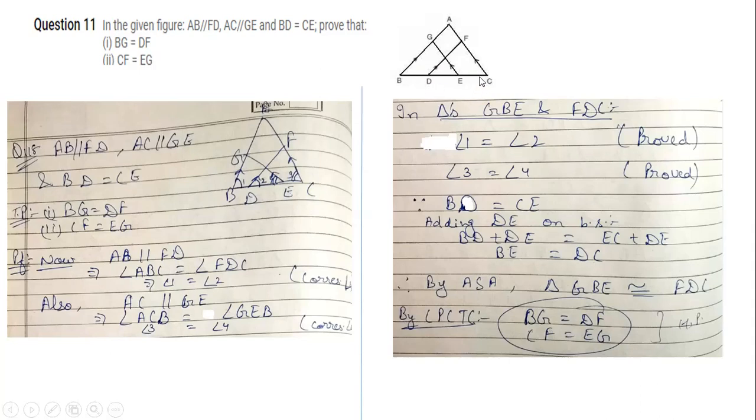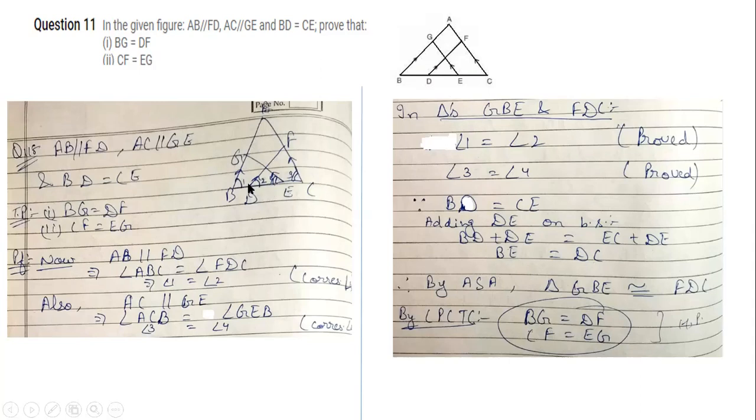But we have only the BD and CE parts. DE is a common thing. See, by adding DE on both sides, we can write BD plus DE is equal to CE plus DE. That means BE, CD. These two sides are equal.